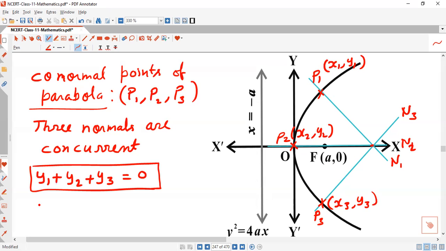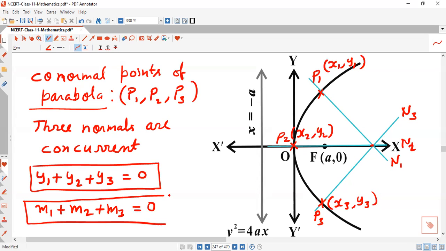Second, for the normals, the slopes m1 plus m2 plus m3 must be equal to 0. These two conditions must be satisfied to make the points co-normal. Otherwise, the points are not co-normal.